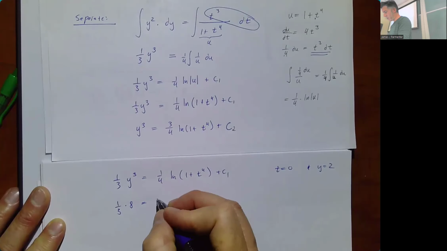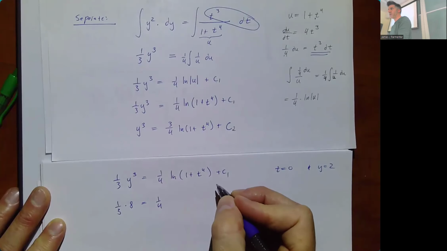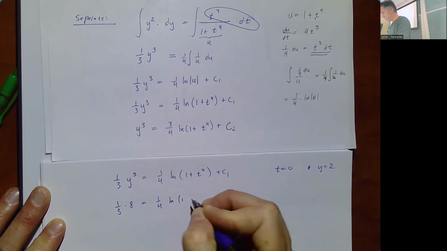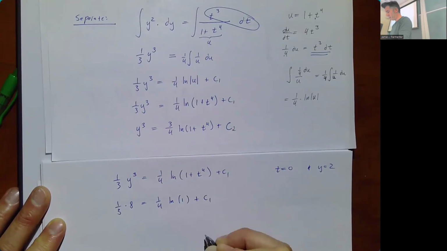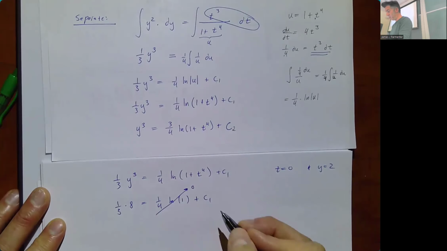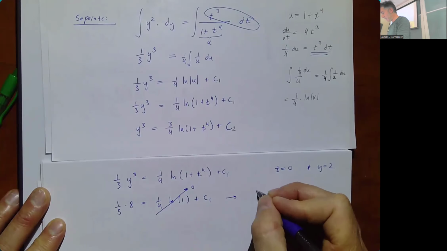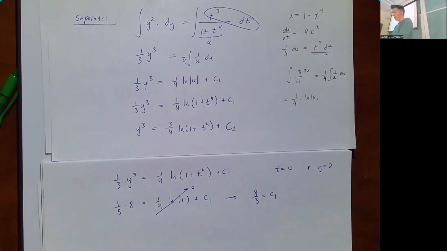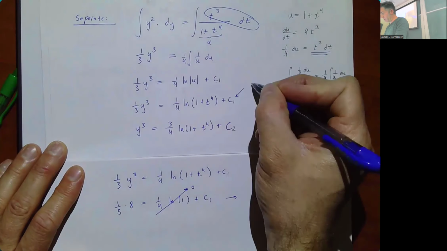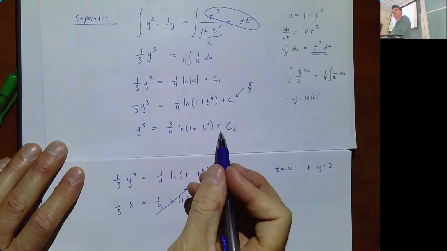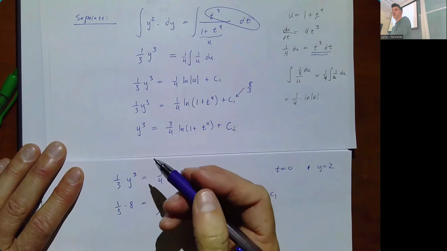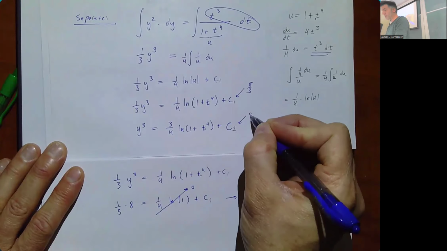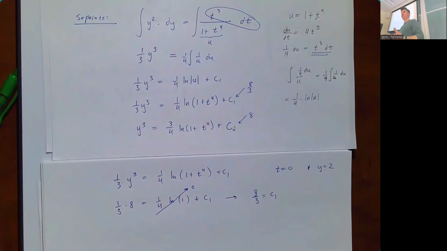On the right-hand side, I get 1/4 times the natural log of 1 plus 0 plus C1. Natural log of 1 is still 0. So in this case, I get 8/3 equal to C1. And then when I multiply both sides by 3, 3 times 8/3 gives you 8. So that's what's happening there, which is why we can kind of ignore it, because it gets accounted for at the very end, essentially.